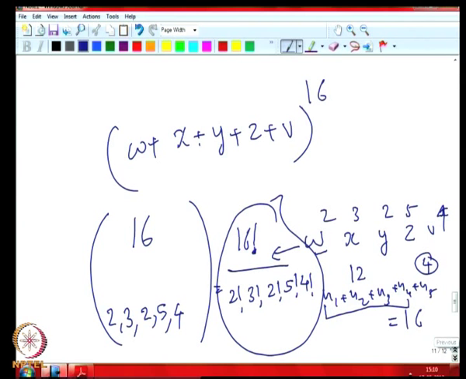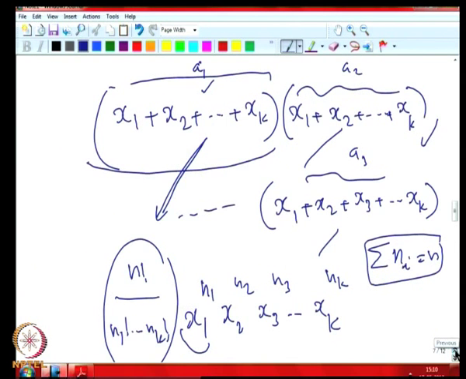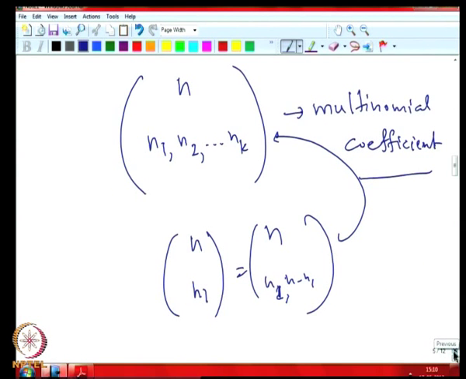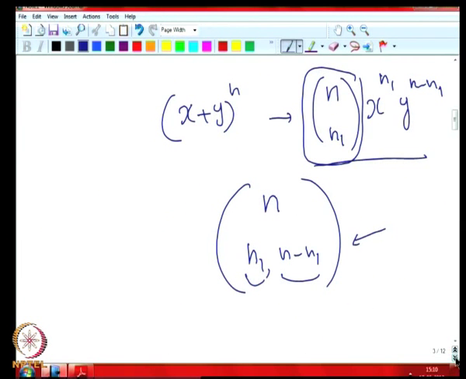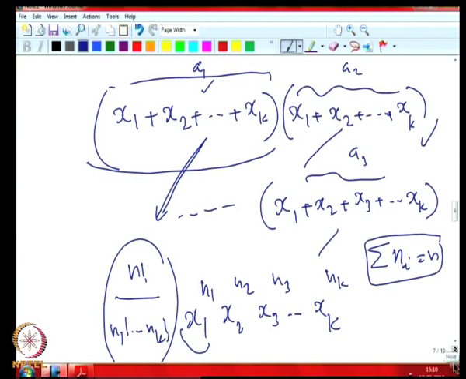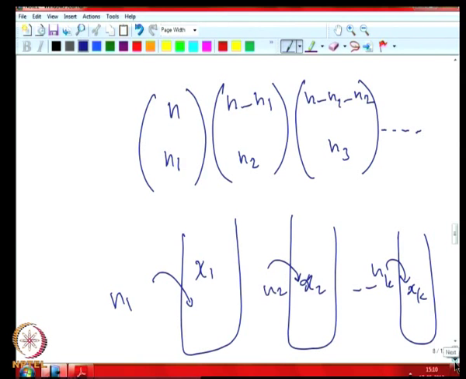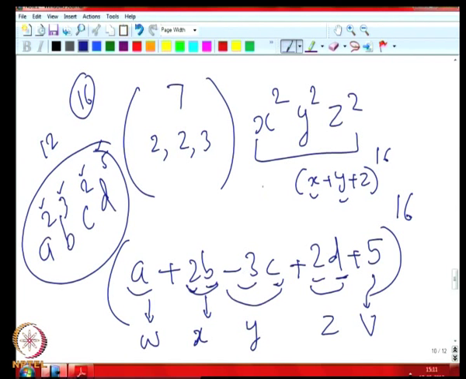Then y square, y is minus 3, so minus 3 square will be coming from the y square, and this 2 raised to 5 will be coming from z raised to 5, and then finally we have 5 raised to 4 also.